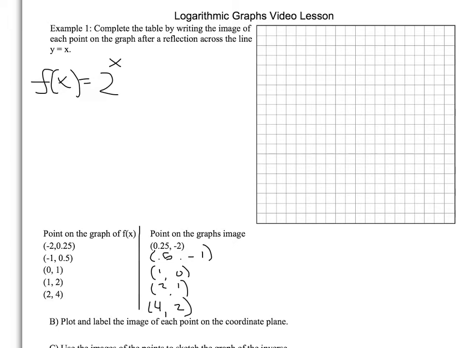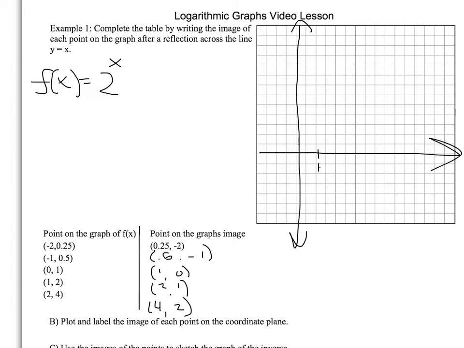They already have the one plotted for you. And give me a sec and I'll try to graph it quickly here. We have our x-y axes. Every other line is labeled, it looks like.